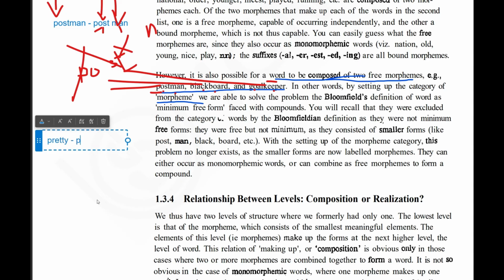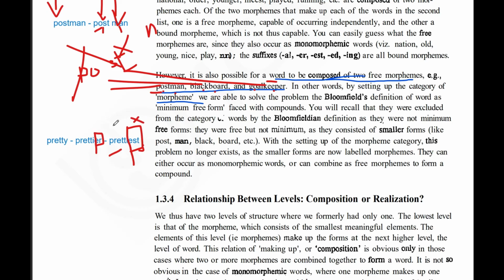In this case, what's happening? The suffixes added here are not morphemes. Pretty is, but these are not morphemes. They are just affixes which are added onto these words to change the meaning of the word. Affixes could be a suffix or a prefix. Both are fine. They can be added to change the meaning of the word.